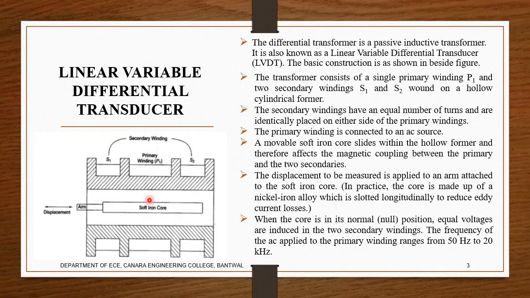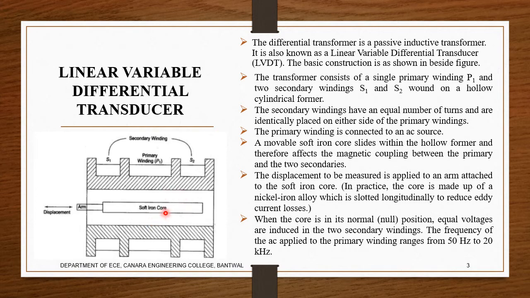The displacement to be measured is applied to an arm attached to a soft iron core. This arm is pushed and pulled back, moving the soft iron core. The core is made of a nickel iron alloy which is slotted longitudinally to reduce eddy current losses.